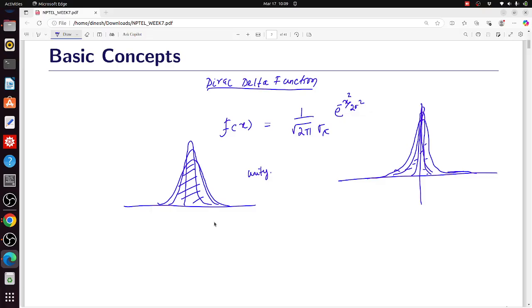The area remaining unity means the integral of 1/(√(2π) σ) from minus infinity to infinity dx e^(−x²/2σ²) equals 1, regardless of the value of sigma.